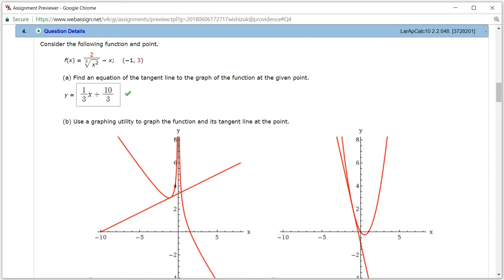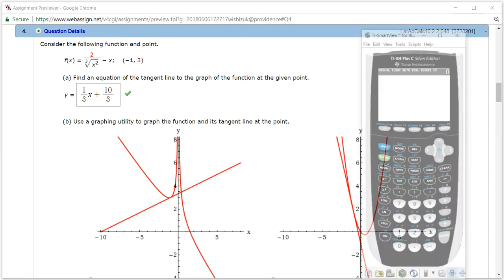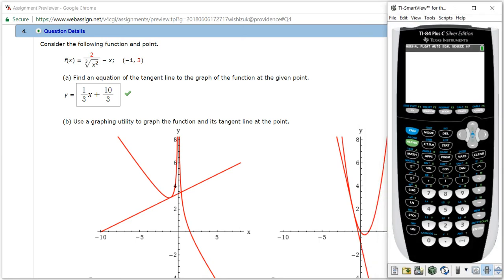Use a graphing utility to graph the function and its tangent line. So let's do that. I'm going to open up a graphing calculator, go to y equals and type in the function. It's going to be 2 x raised to the, since x is sitting on the bottom, negative power, 2 divided by 3, and then minus x.